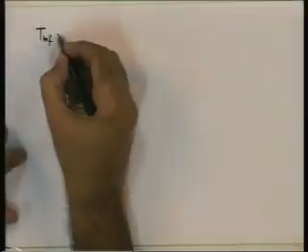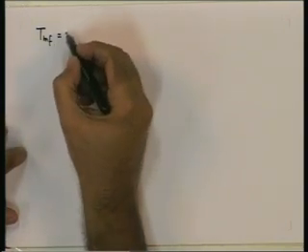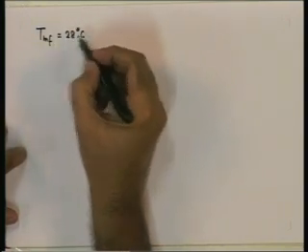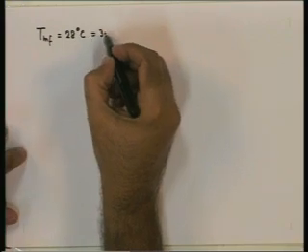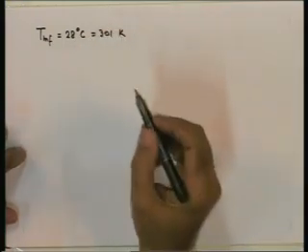We notice that the mean film temperature is the average of 26 and 30 degrees C, which is 28 degrees C, which is 301 Kelvin.